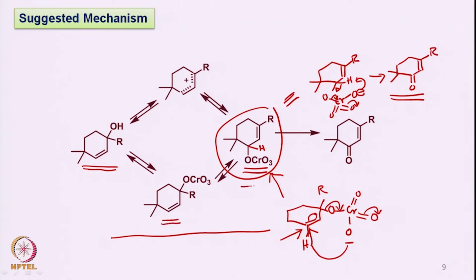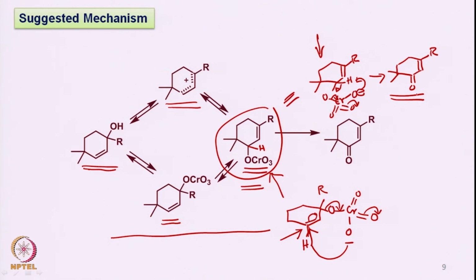So, what we have done is transformed an allyl alcohol to this intermediate, which undergoes a rearrangement. Of course, it can also go back from here to here, that is why there is an equilibrium. The same thing can happen here, and this intermediate can be shown as something like this, where the chromate is coming out, and then this species undergoes oxidation in the way I have shown here to the corresponding enone.